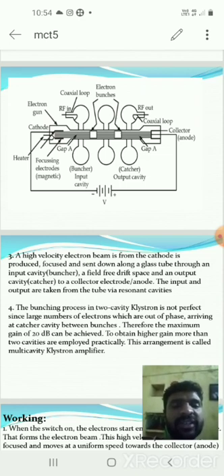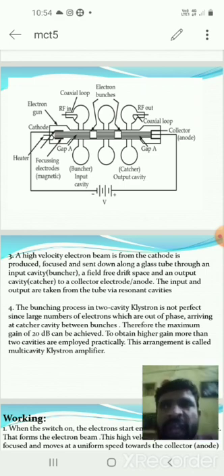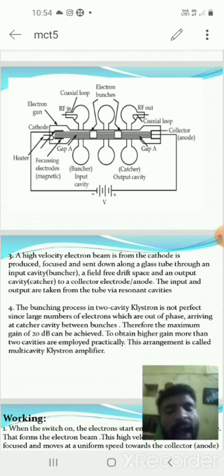The signal is amplified by the electrons' velocity, and the amplified signal comes out from the last end, which is called the catcher cavity. So the RF signal is amplified by the flow of electrons, and these electrons reach the collector electrode, the anode. In this way, the RF signal is amplified.